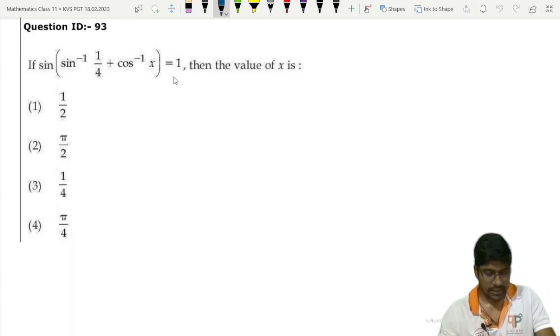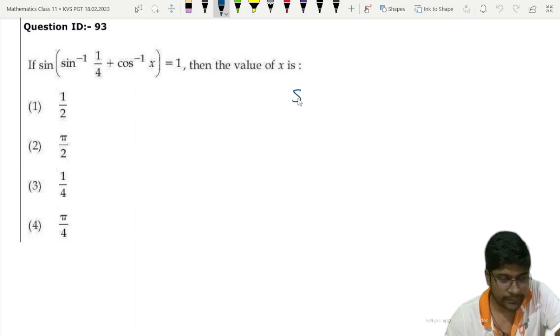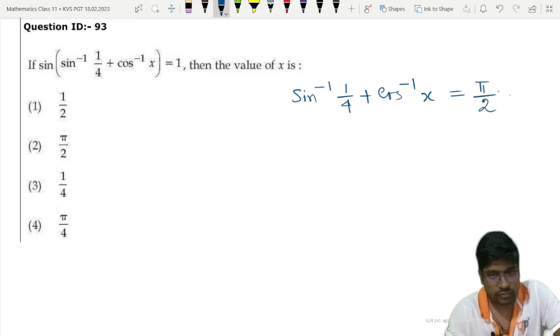Sine of which angle is equal to 1? Sine of pi by 2 is equal to 1, isn't it? So sine inverse 1 by 4 plus cos inverse x must be equal to pi by 2. From the expression we are getting this.